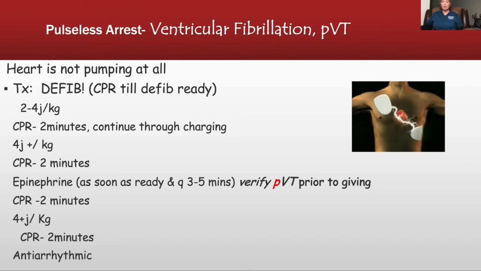If you have them on capnography, you'll know this right away, because what was 15 to 20, showing that we have good CPR in progress, may suddenly rise to 50, 60, sometimes even higher. And then as we're doing CPR and ventilating, it's going to drop down to normal, 35 to 45. That's ROSC. And you know you wouldn't give epinephrine for that if they're in VTach. So just always verify before you give epinephrine in the pulseless VTach patient that they are indeed pulseless.